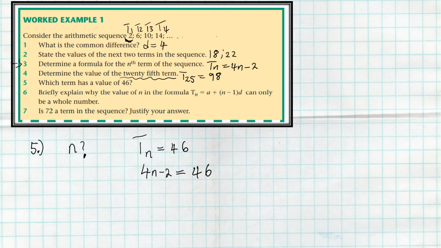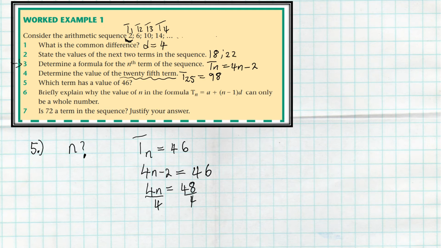We transpose the minus 2 to the other side, so it's 46 plus 2, which is 48. We divide both sides by 4. Sorry about the background noise, it's quite irritating.